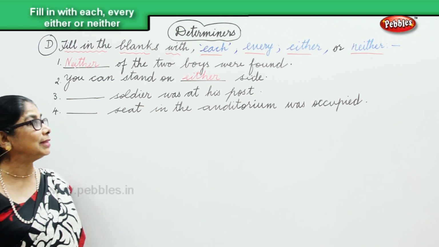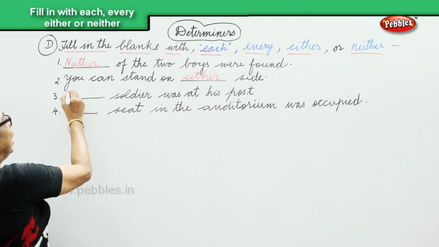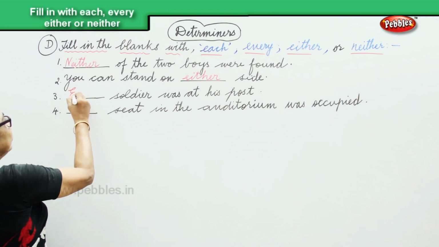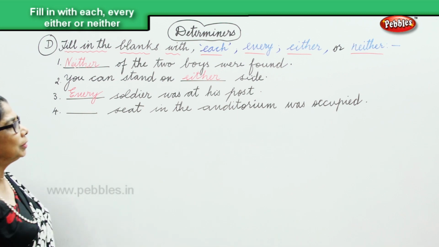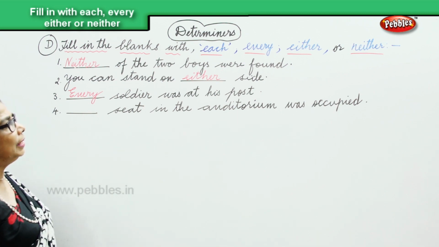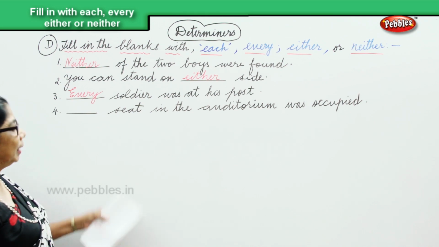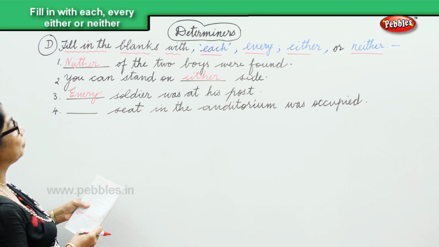Next, dash soldier was at his post. Every soldier. Very good. Dash seat in the auditorium was occupied. So, you can say the last one is every.